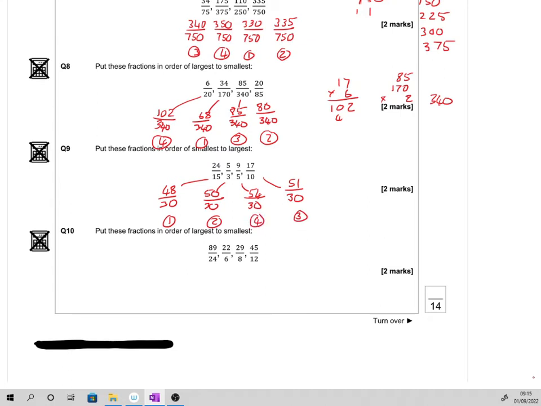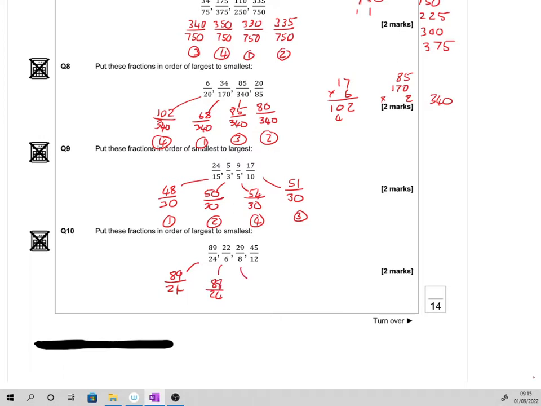This one's largest to smallest, so we've got to find a common denominator, which is 24. So we've got 89 over 24. 4 multiplied by 4, 88.